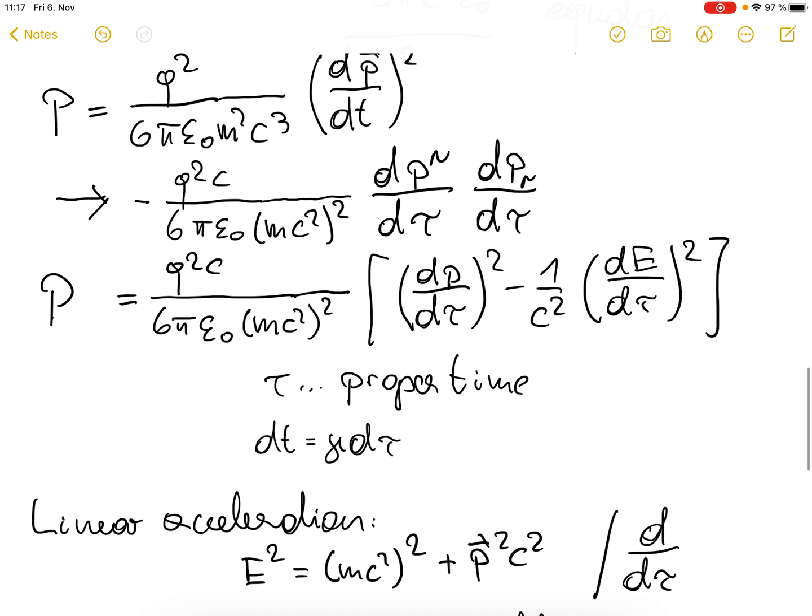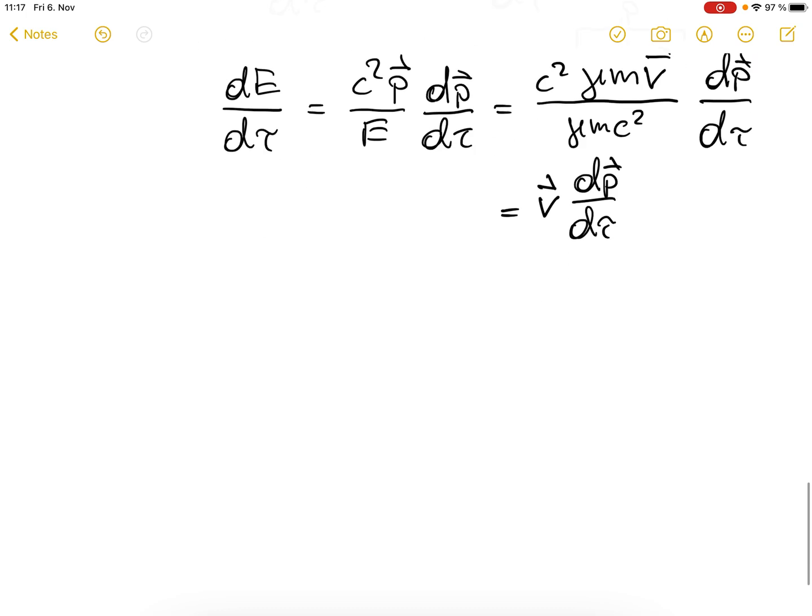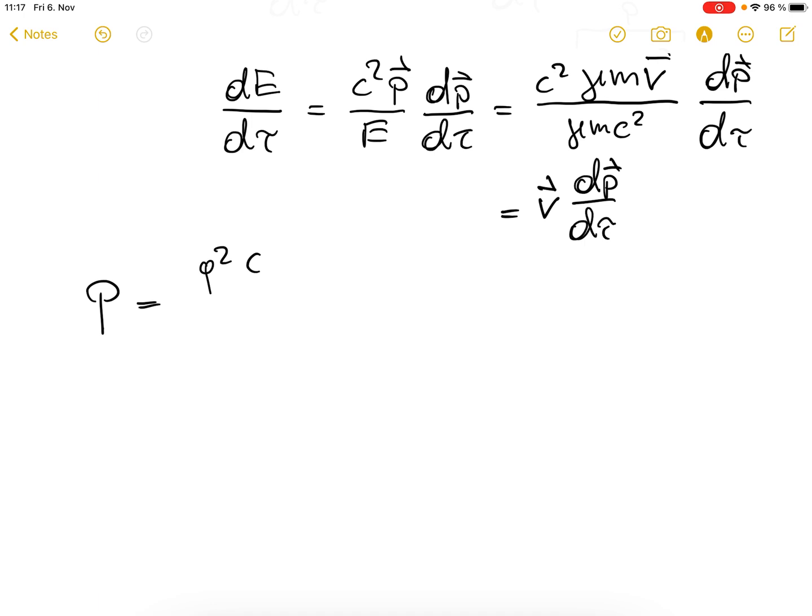And we insert this in our equation for the power dissipation, the Lorentz invariant form of Larmor's equation. Now, if we do that, we find P equals q squared c over 6 pi epsilon 0 m c squared squared.